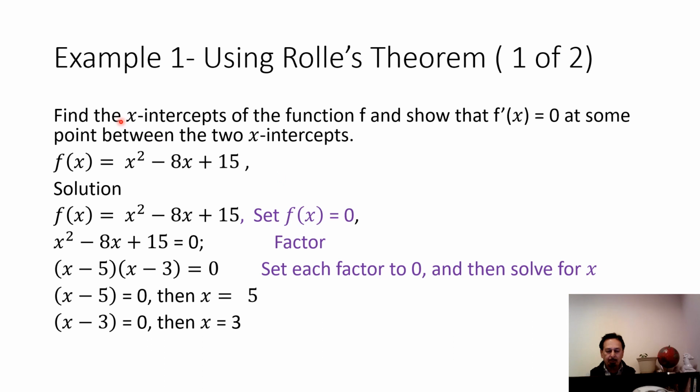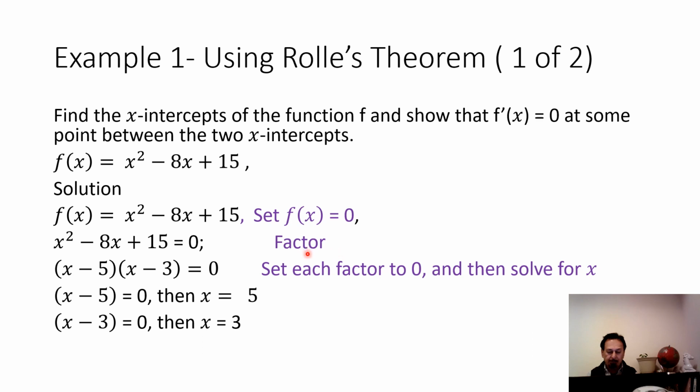So example 1: find the x-intercepts of the function f and show that f prime of x equals 0 at some point between the two x-intercepts. f of x equals x squared minus 8x plus 15. So let's find the x-intercepts. Set f of x equals 0, so you will have x squared minus 8x plus 15 equals 0.